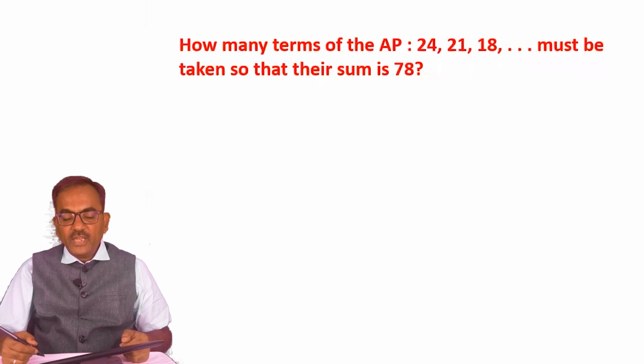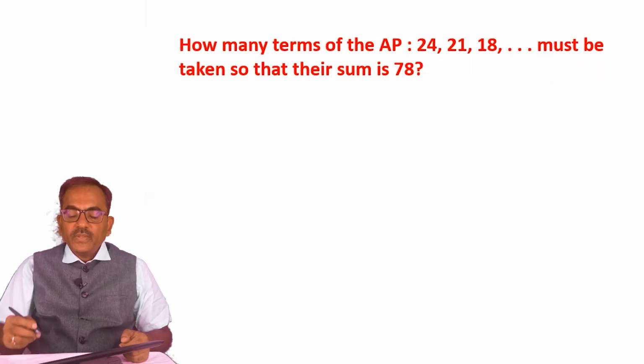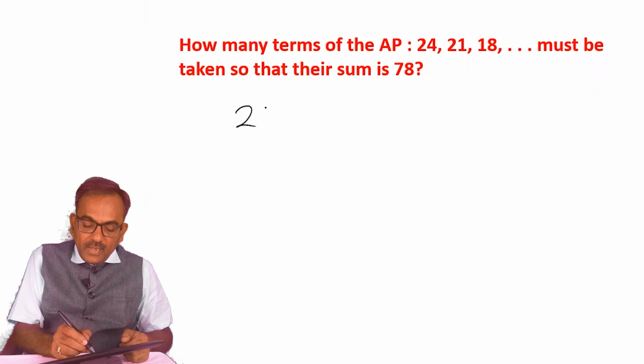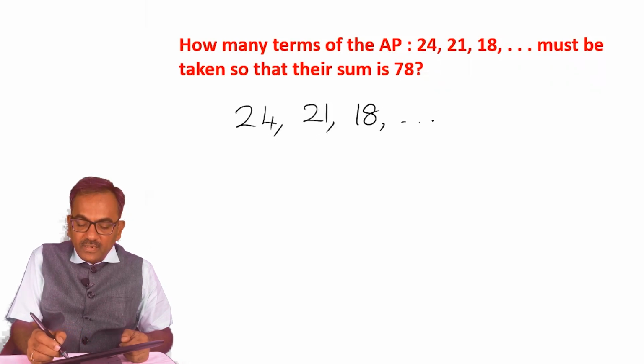How many terms of the AP 24, 21, 18 must be taken so that their sum is 78? So what are we about to find here? There is an AP 24, 21, 18 and I am going to add them up.